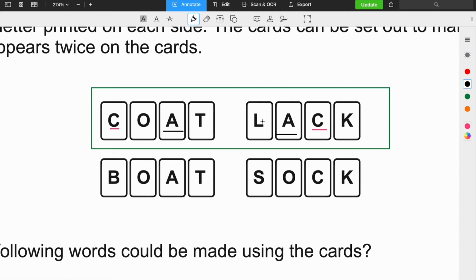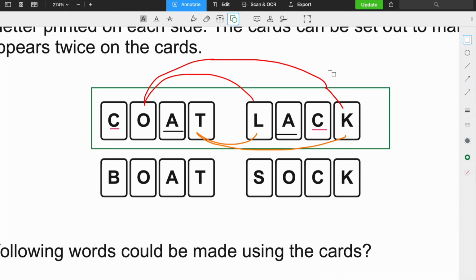So what's going on here? It could be O is on the same card as L, or O is on the same card as K. We don't have enough information right now, but I'm just telling you the different possibilities. Alternatively, you could have T with L or T with K. We don't know right now.